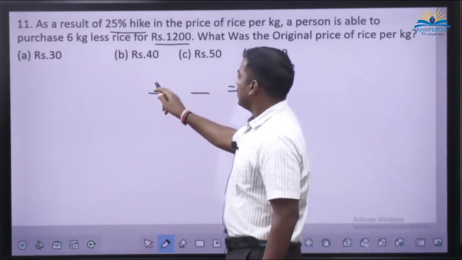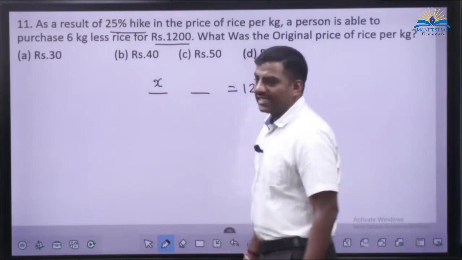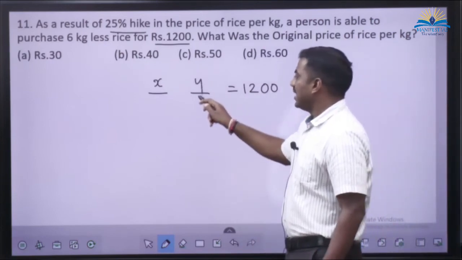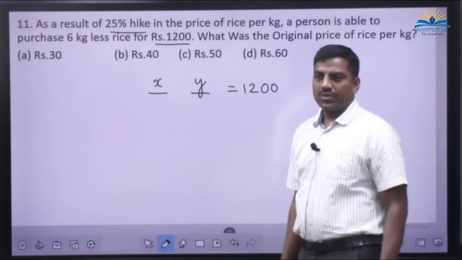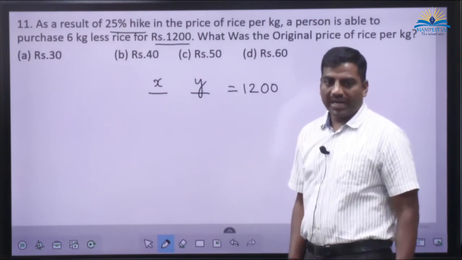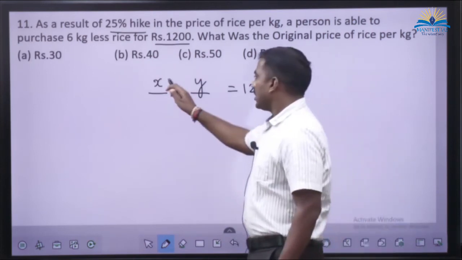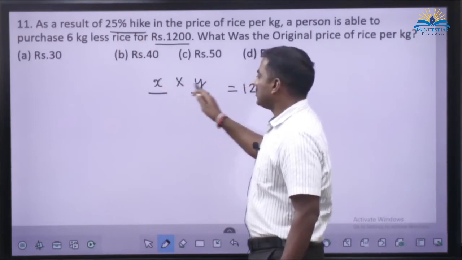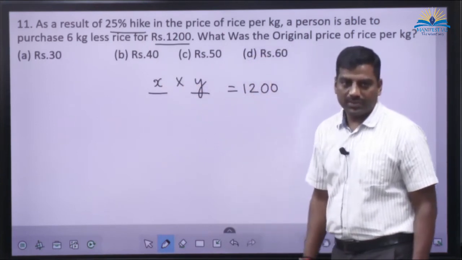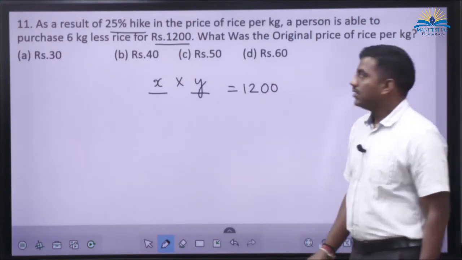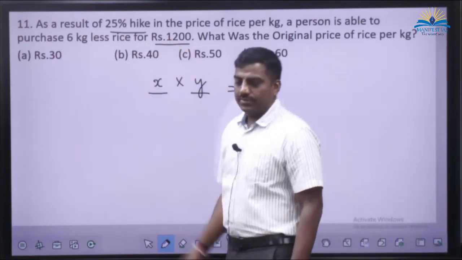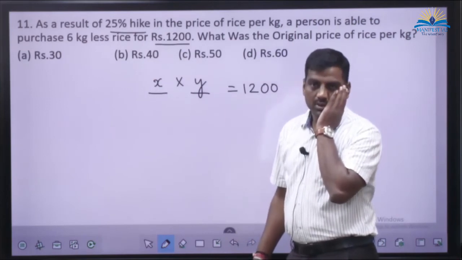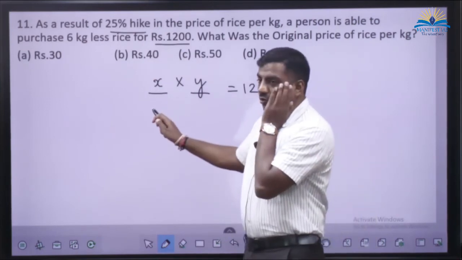Let's say the price of the rice was X earlier and his consumption, let's say Y. X rupees per kg and Y kgs would have cost him 1,200. Now what is happening? The price hike is 25% more. So what will be the new price of rice?